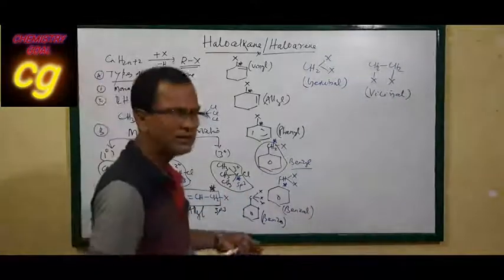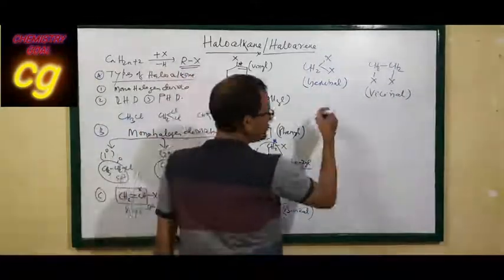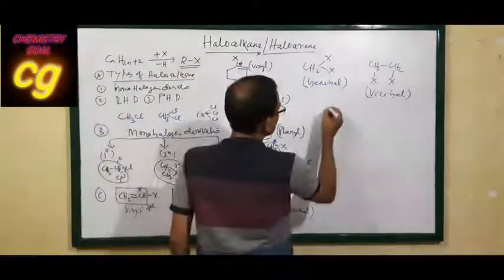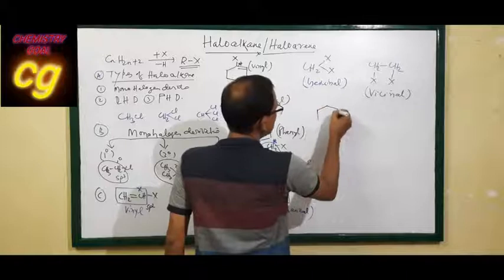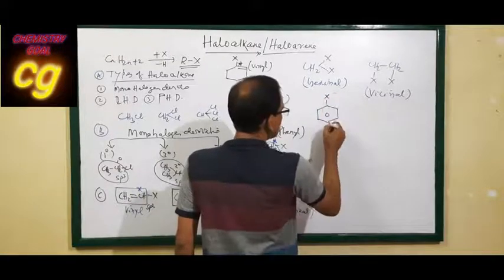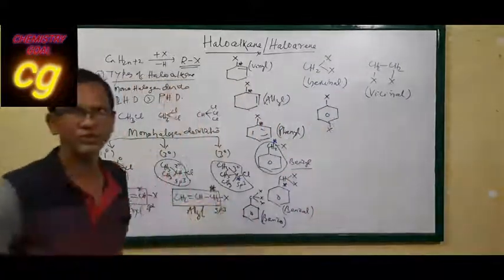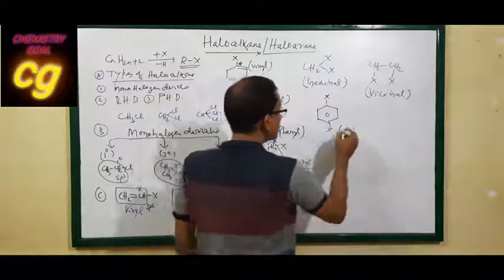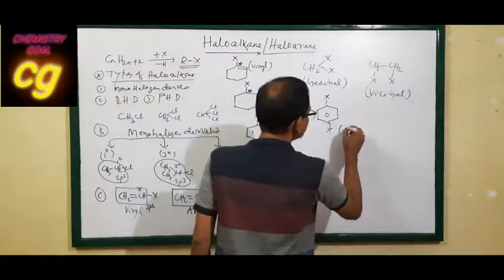But if you take a polyhalogen aromatic compound, and the halogens are attached like this, at the opposite position, this is para.